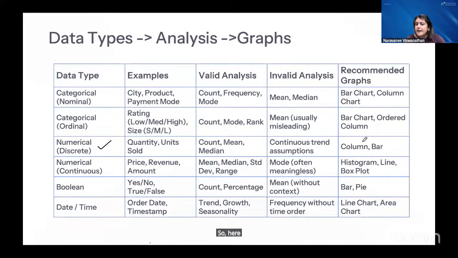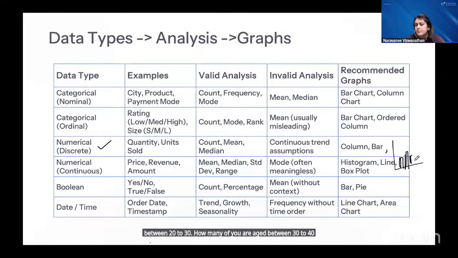Here again, I can use a pie chart, a column chart, a bar chart. I cannot use a line graph basically. Here I can also use that histogram which we had. You can say how many of you are aged 20, how many are aged between 20 to 30, how many between 30 to 40.